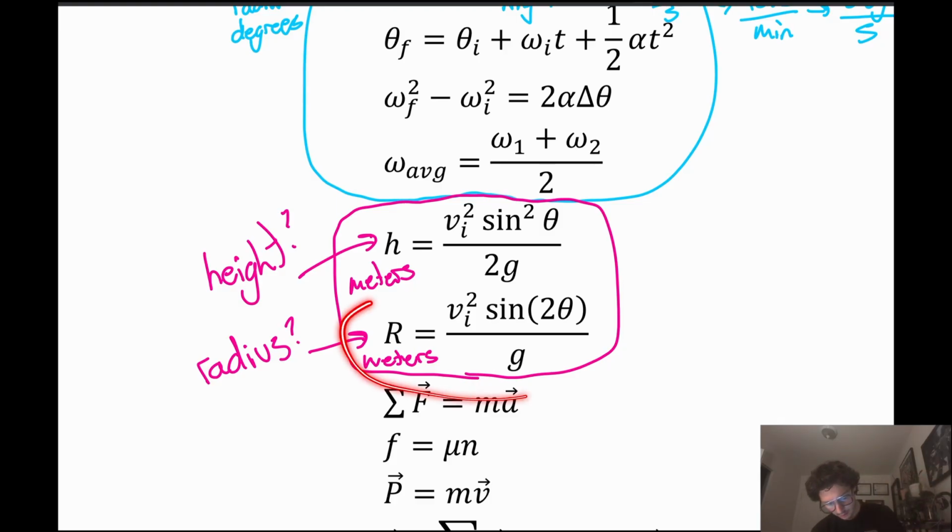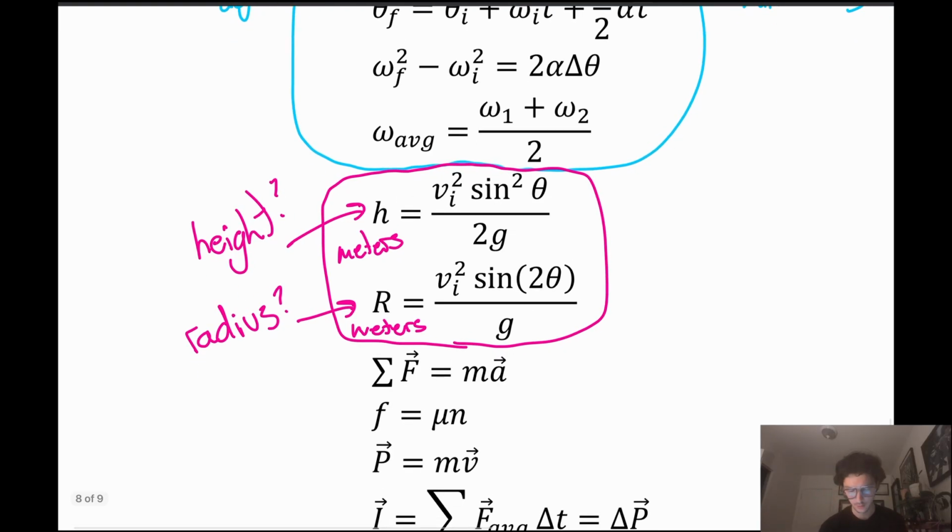Same equation down here. It looks super similar. They remove the 2 and they remove the square on this sine, and they add an extra 2 inside the sine here. But the v here stays the same, v squared initial. I'm assuming this is initial velocity, and this g stays the same. So everything stays the same, like all things with units stay the same. So this thing also has units of meters. But I don't know.